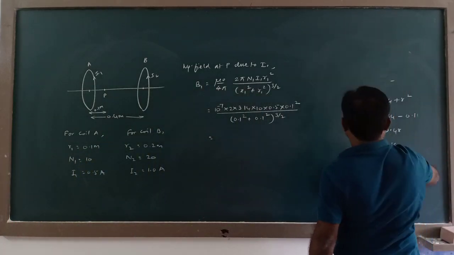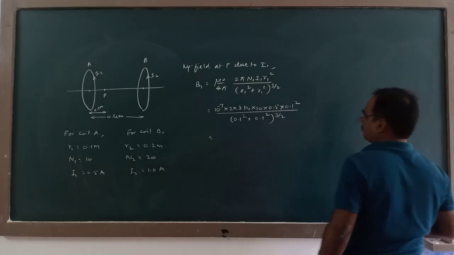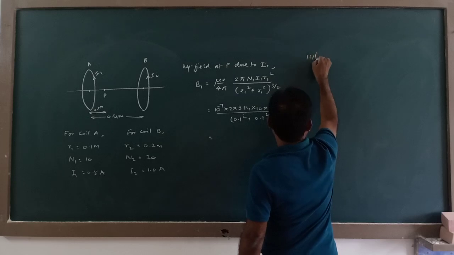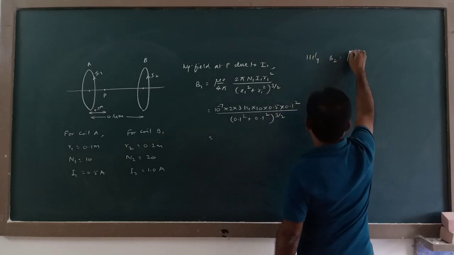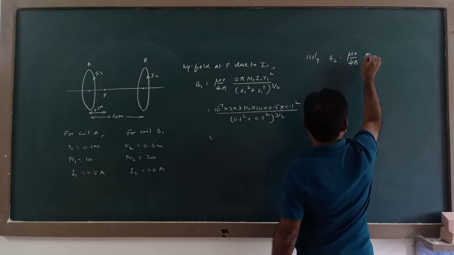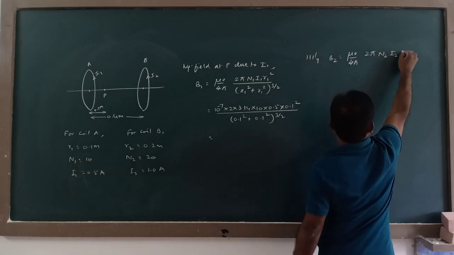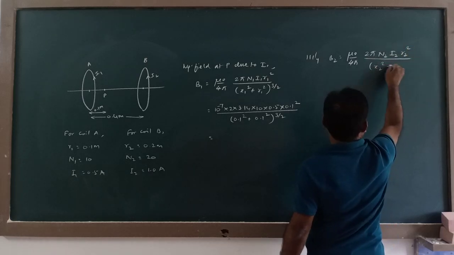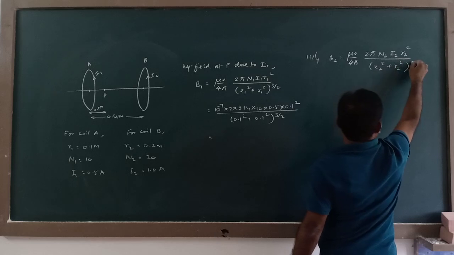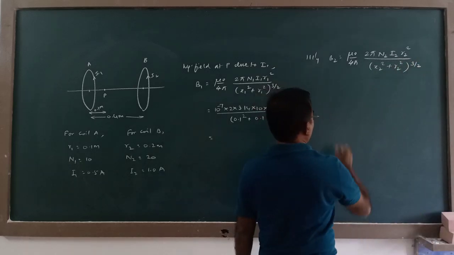Similarly, B2 is mu naught by 4 pi, 2 pi N2 I2 R2 square divided by x2 square plus R2 square whole to the power of 3 by 2. This is the formula.